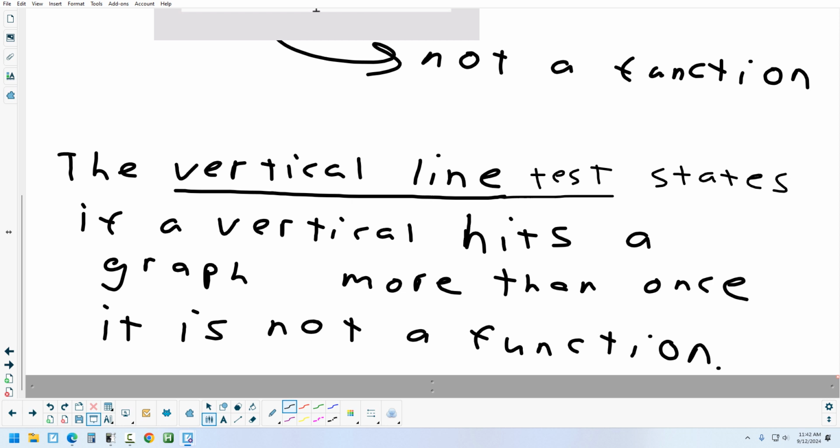Hitting more than once means you are getting two different output values, and you can only get one. Again, vertical line test.